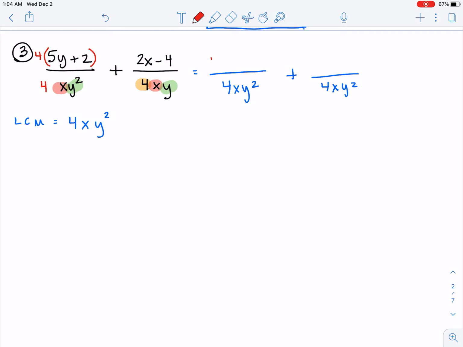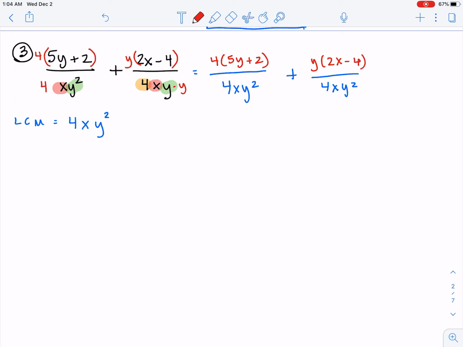All right, so that gives me 4 times 5y plus 2. All right, out of the second expression, I have the 4, I have the x, I have a y, I need y squared. So I have to multiply here by y, and I'm going to multiply the whole thing by y on the numerator. So that gives me y times 2x minus 4.